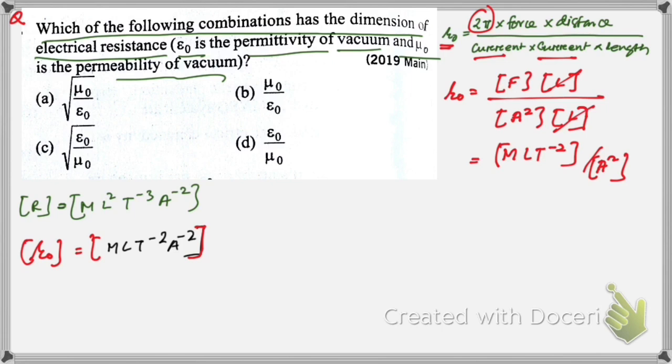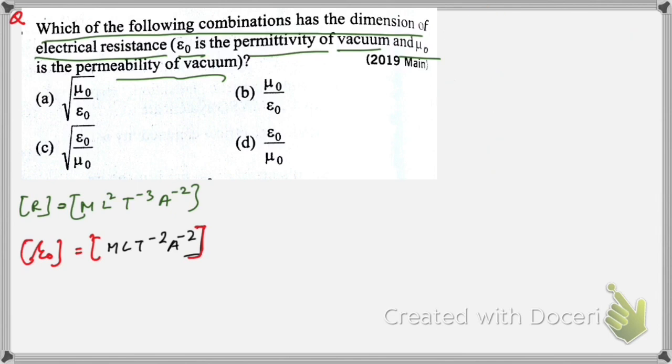So now let's find the permittivity of vacuum or free space, right? So that formula is epsilon naught is going to be equal to charge into charge, that means charge square, divided by 4 pi into electric field.